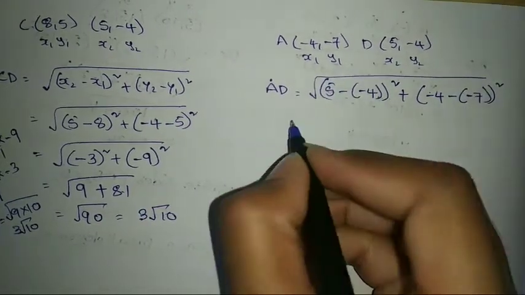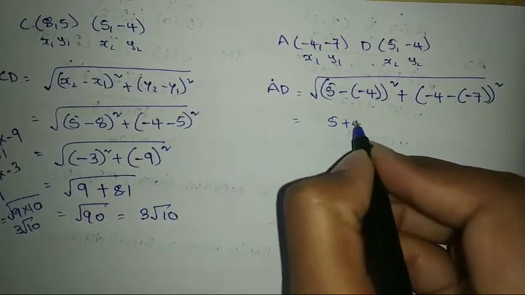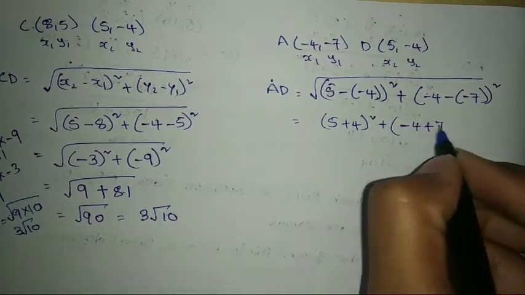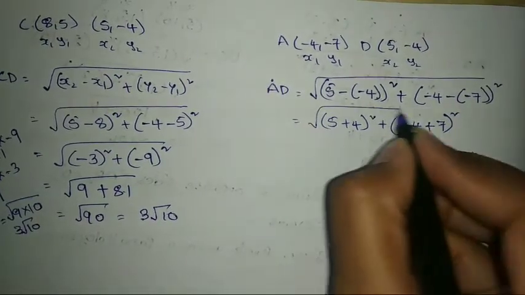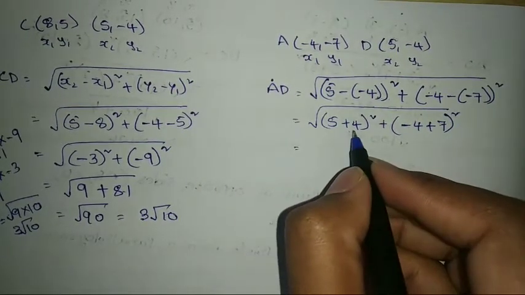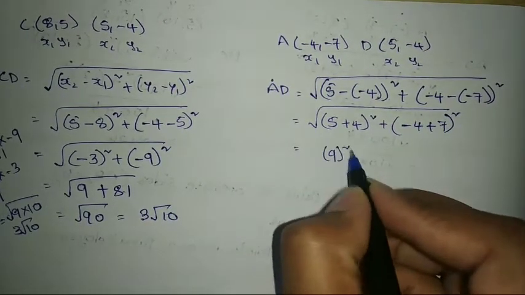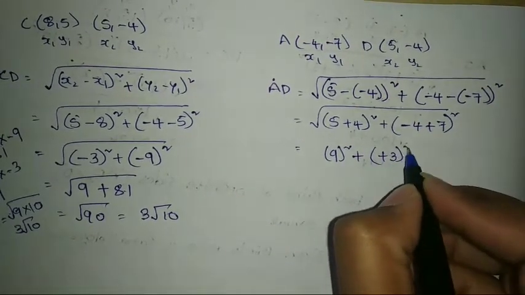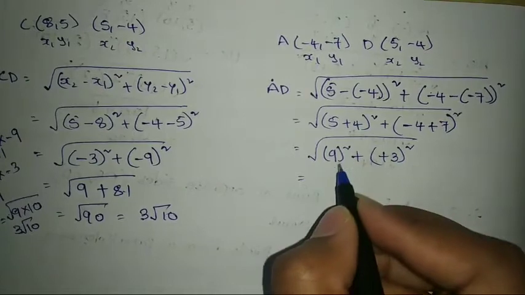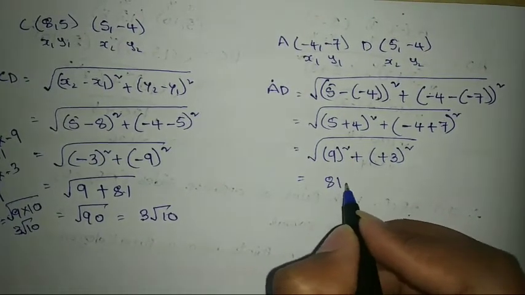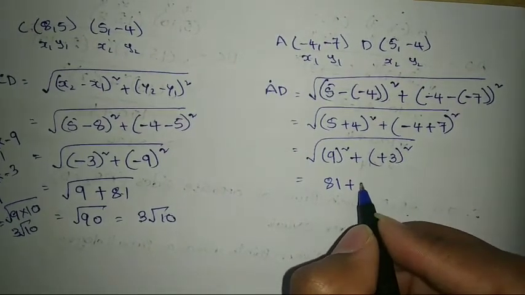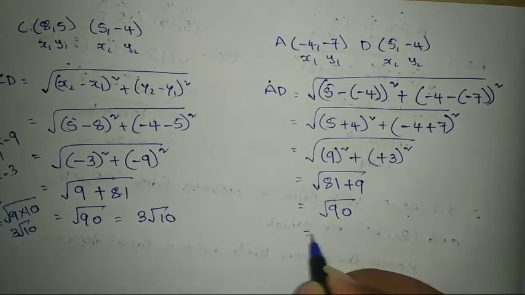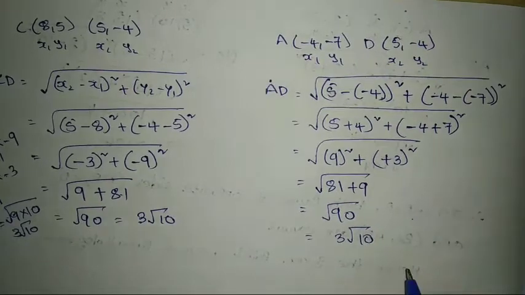So here 5 plus 4 whole square plus minus 4 plus 7 whole square. 5 plus 4, 9 square plus 3 whole square. 9 nines are 81 plus 3 into 3 is 9. 3 root 10. Okay.